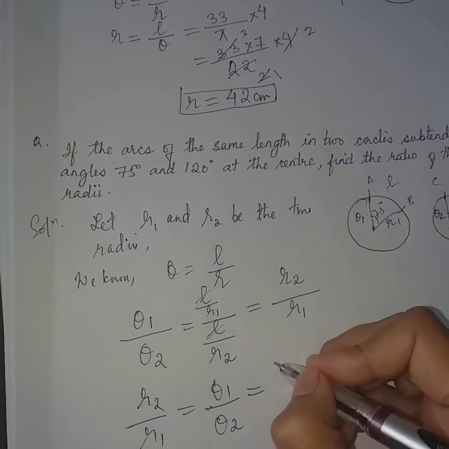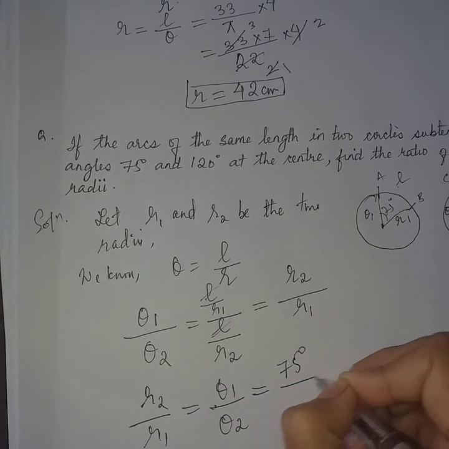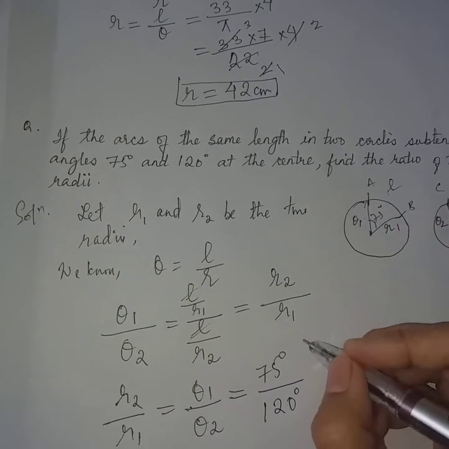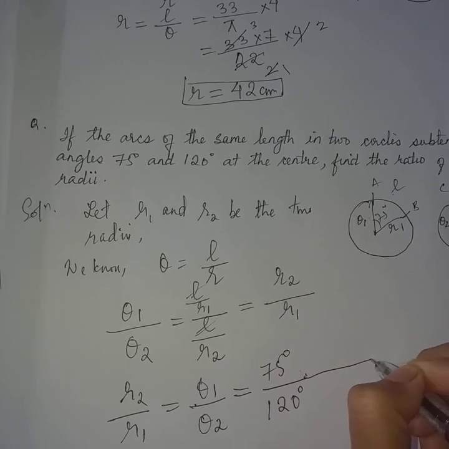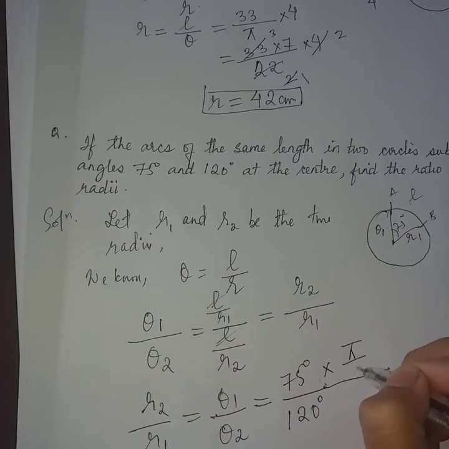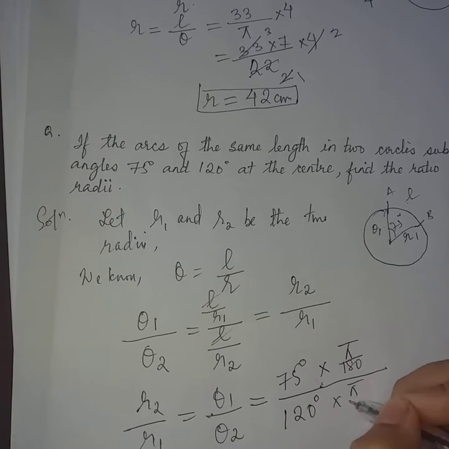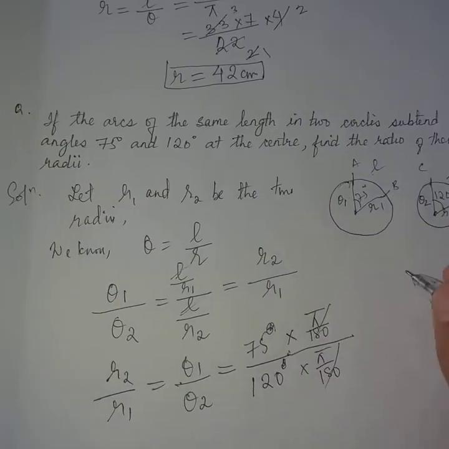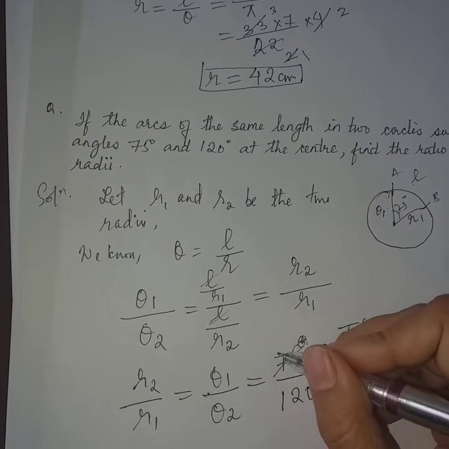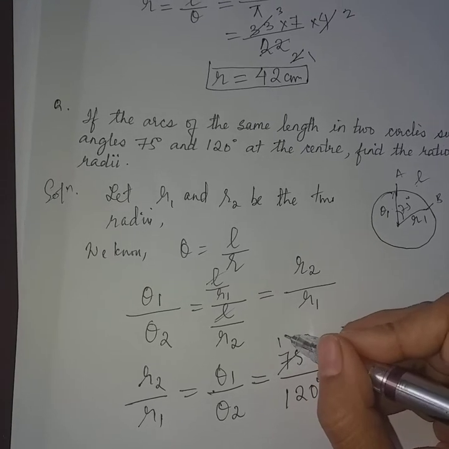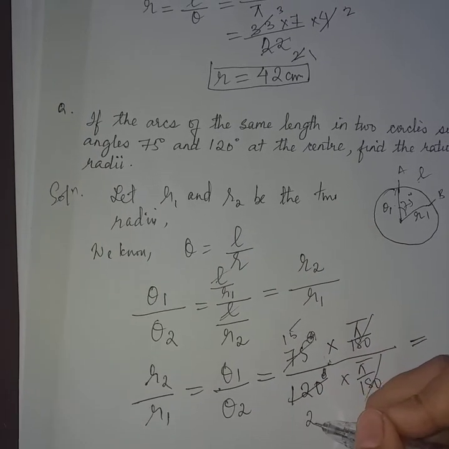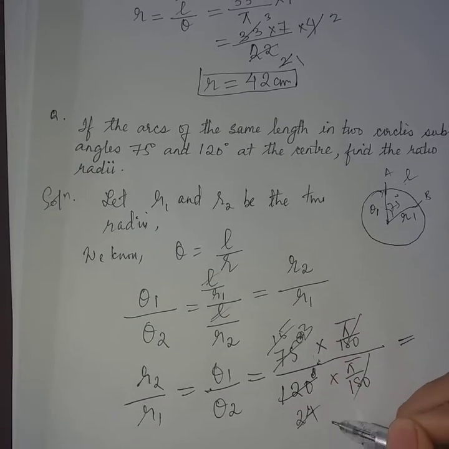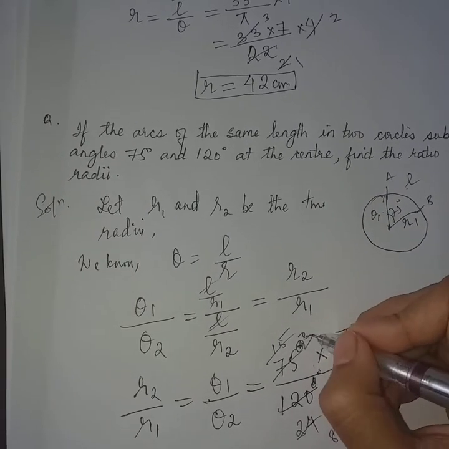Theta 1 for the first circle is 75 degree, and for the second circle theta 2 is 120 degree. Theta must be in radian, as we have already said, so in order to convert this into radian we can write it like this. Anyway, it will get cancelled, so no need of so many calculations. If we cancel, 5 1 is 5 and 5 5s are 25, 5 2s are 10 and 5 4s are 20, and cancelling again with 3 5s are 15, 3 8s are 24.